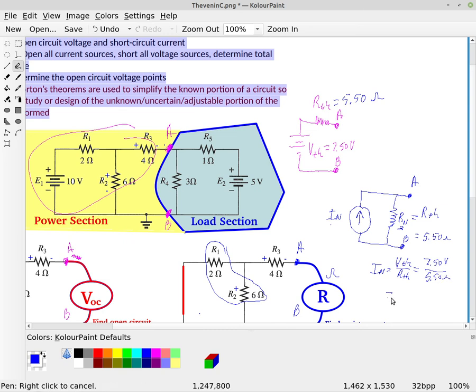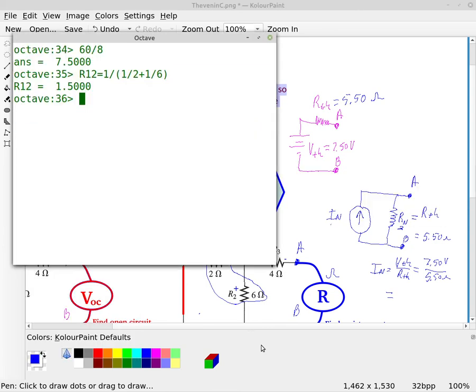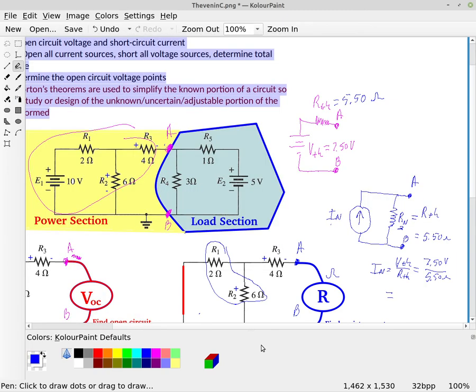Therefore I Norton, the current, is going to be 7.5 divided by 5.5, which is 1.3636 amperes.